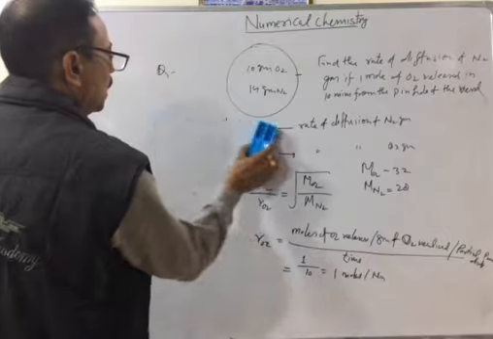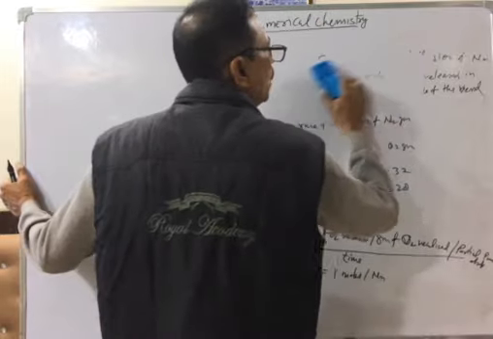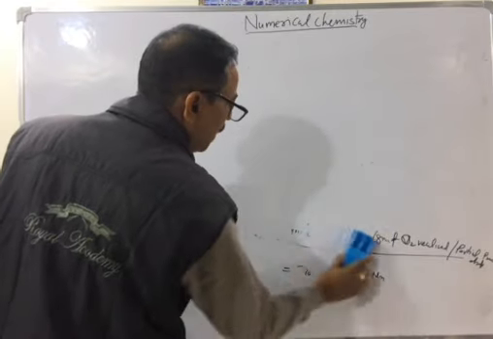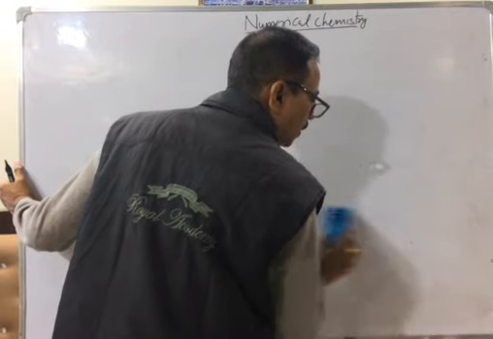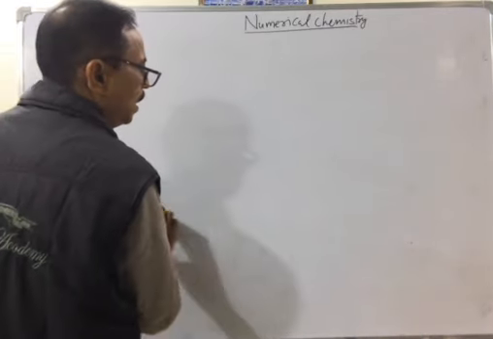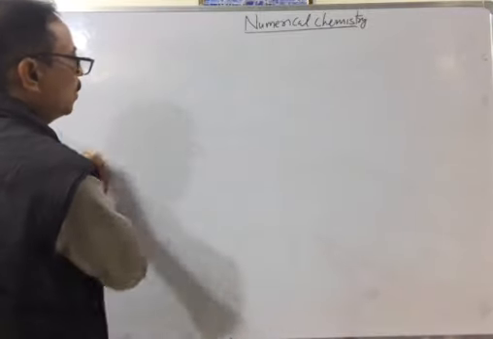If the rate is given in terms of distance travelled per unit time, the rate of diffusion is also defined. So note down, the rate of the gas diffused is also defined in terms of length travelled per unit time.